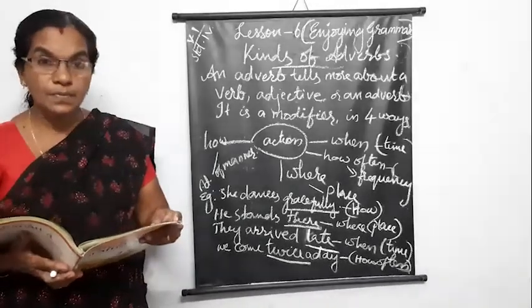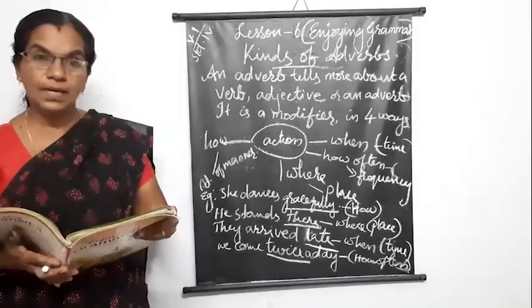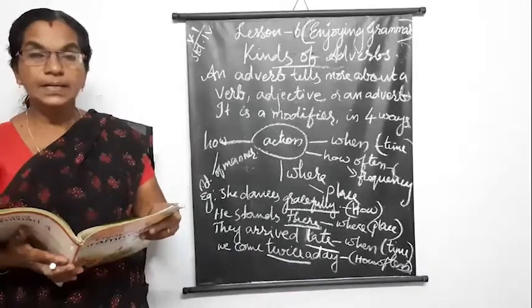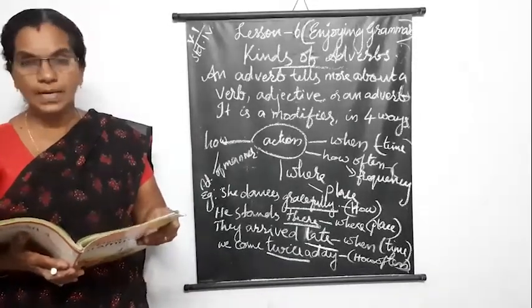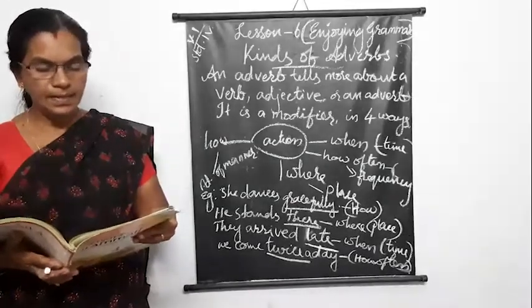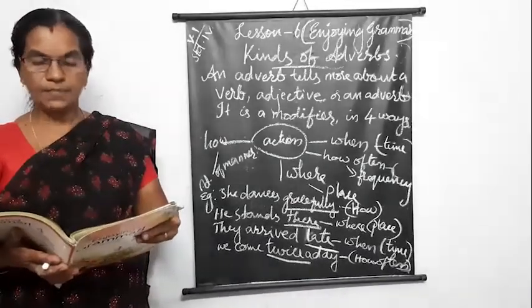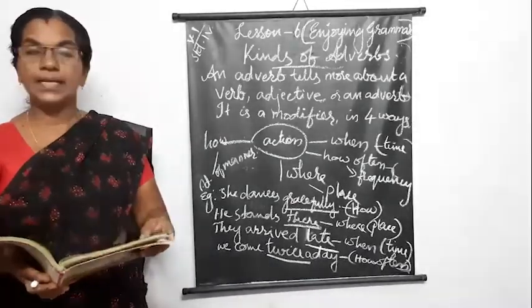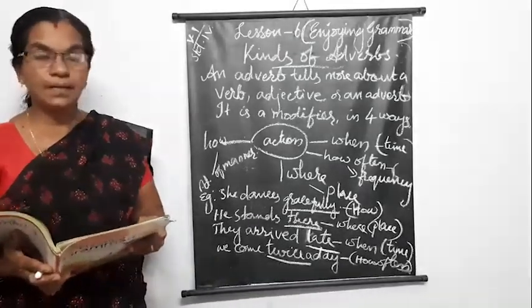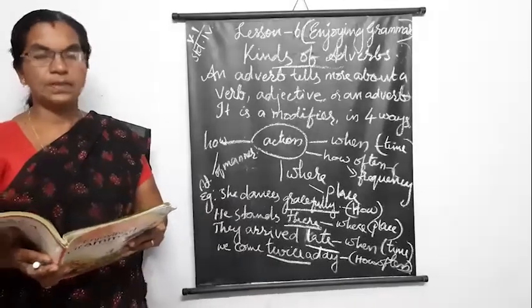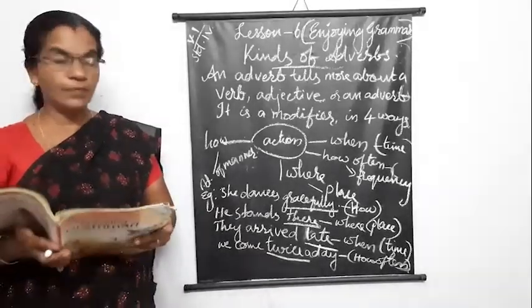So, adverbs of place tell us where the action happens. It gives the answer to the question with the word where. Clear? Next, adverbs of frequency.